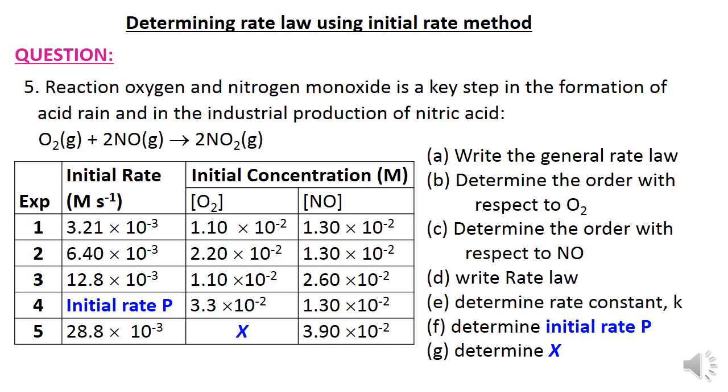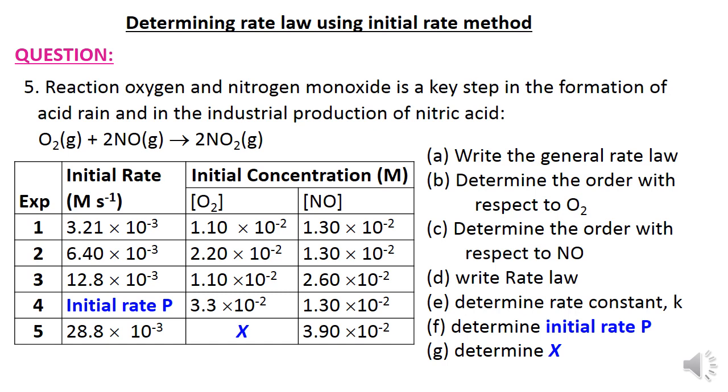Question number 5 is about determining rate law using the initial rate method. Question number 5. The reaction of oxygen and nitrogen monoxide is a key step in the formation of acid rain and in the industrial production of nitric acid.